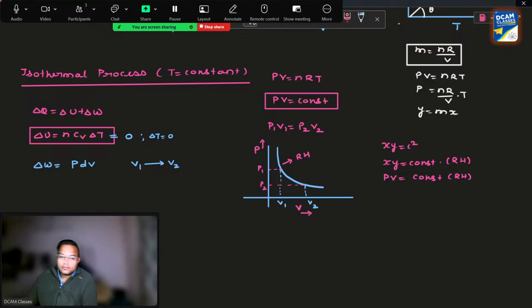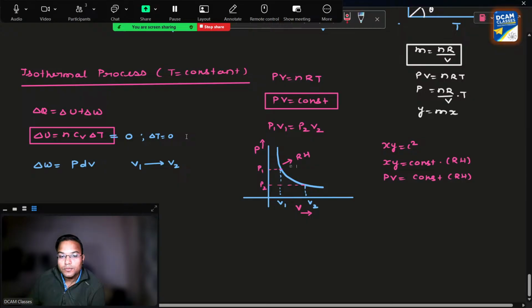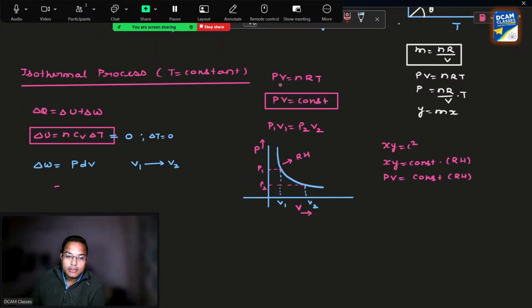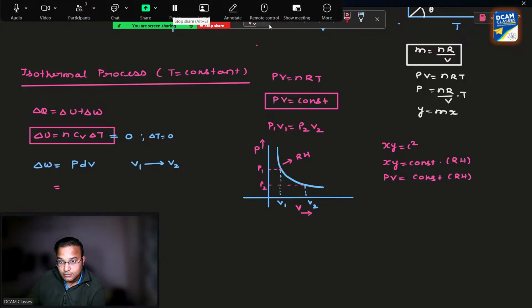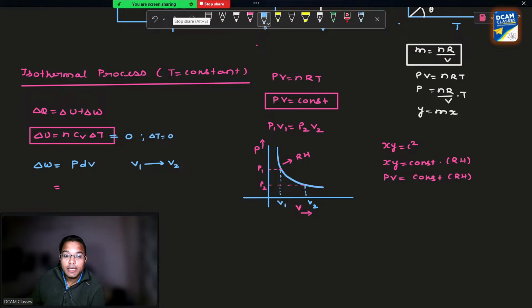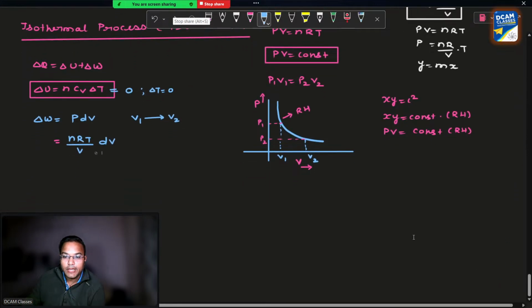See, what I will do, using this gas equation, I'll write this PdV as P as nRT by V. Okay.